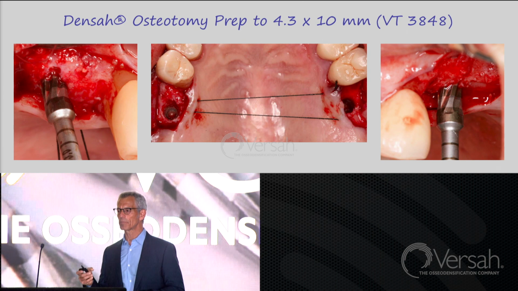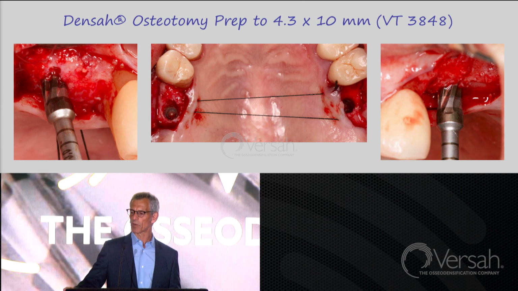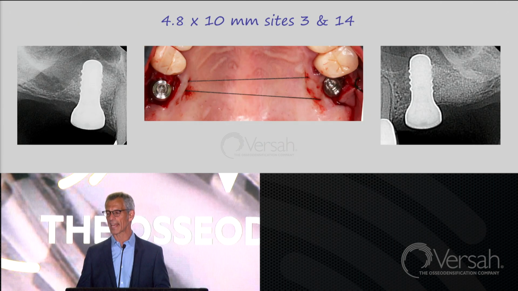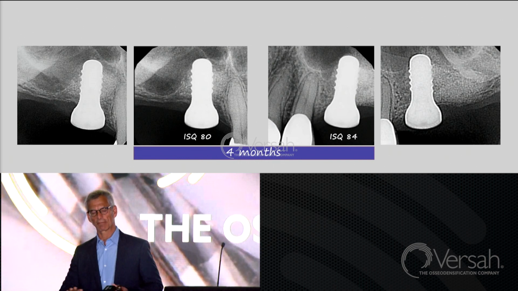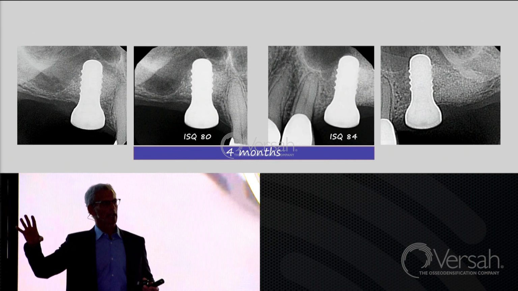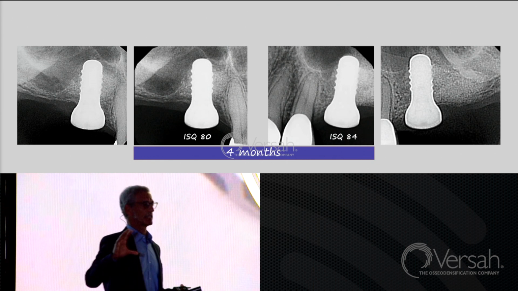Here's my Densar lift. I'll show you that. There's the bone densification at both sites and subsequent placement of 4.8 by 10s. And I feel comfortable enough having a tooth or an implant in a graft as my terminal abutment if I have ISQ readings of 80 and 84.